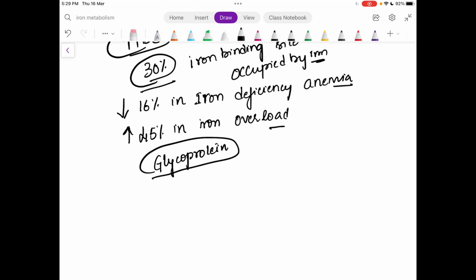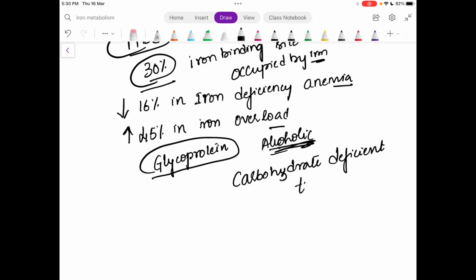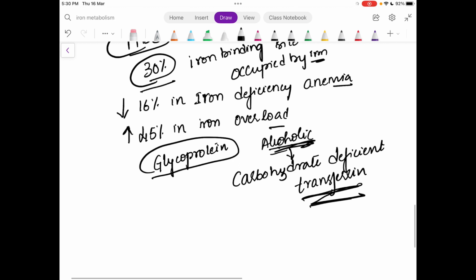This carbohydrate can be decreased in quantity in alcoholics, and in alcoholics there will be carbohydrate deficient transferrin. So in these alcoholics there is a defect in transport of iron.